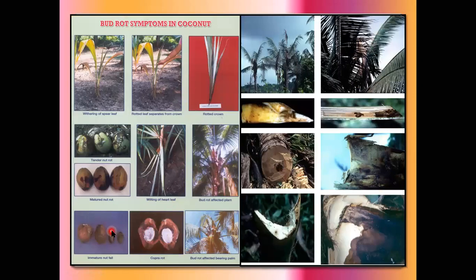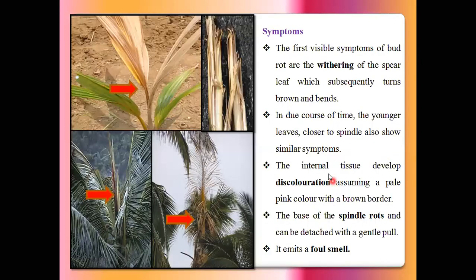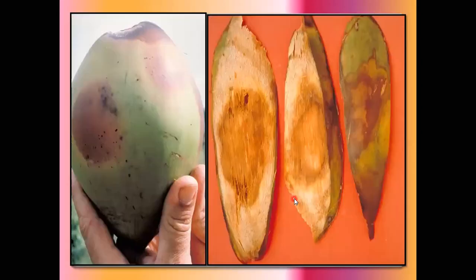Some symptoms can also be seen on the nut portions and shell portions of the coconuts. You see this infection seen inside the kernel portions. This is the rotting of the spear leaves, with brown discoloration generally seen.